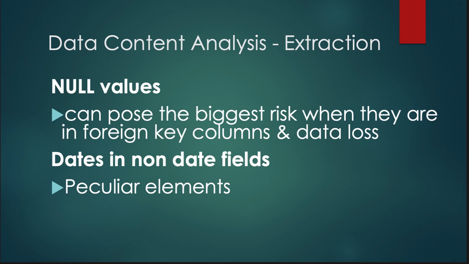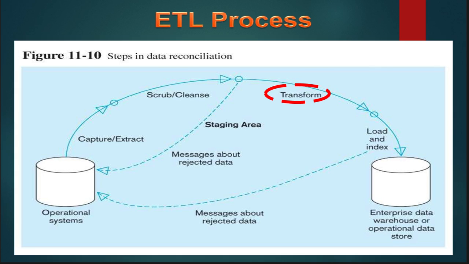You can lose a lot of data from there and create a lot of problems. Also dates in non-date fields, and peculiar elements. Sometimes you will see the wrong type of data inside a field, for example. So next we move on.